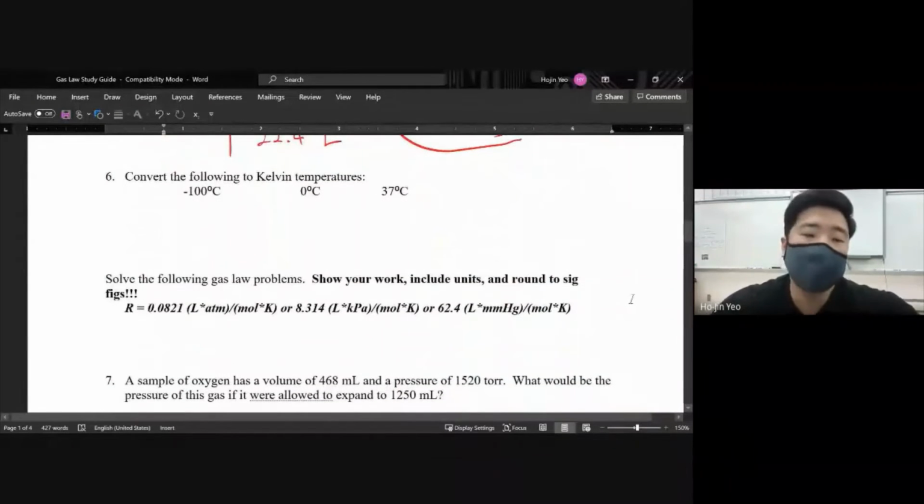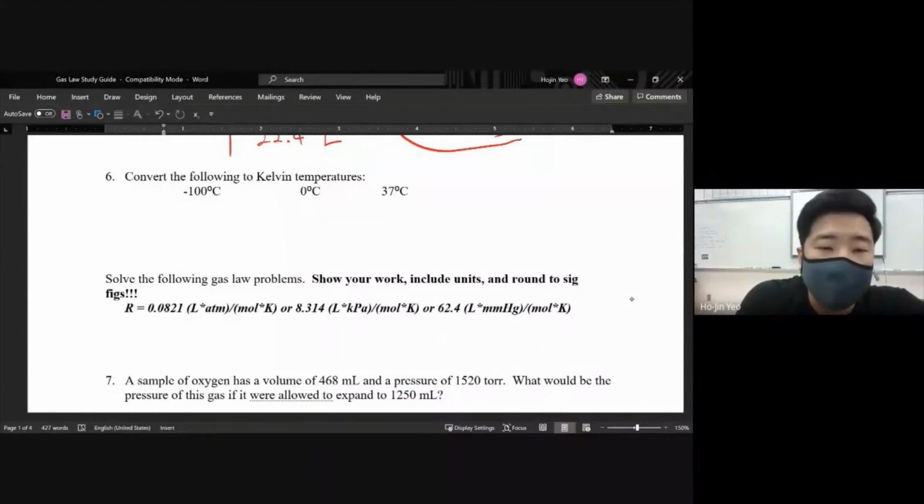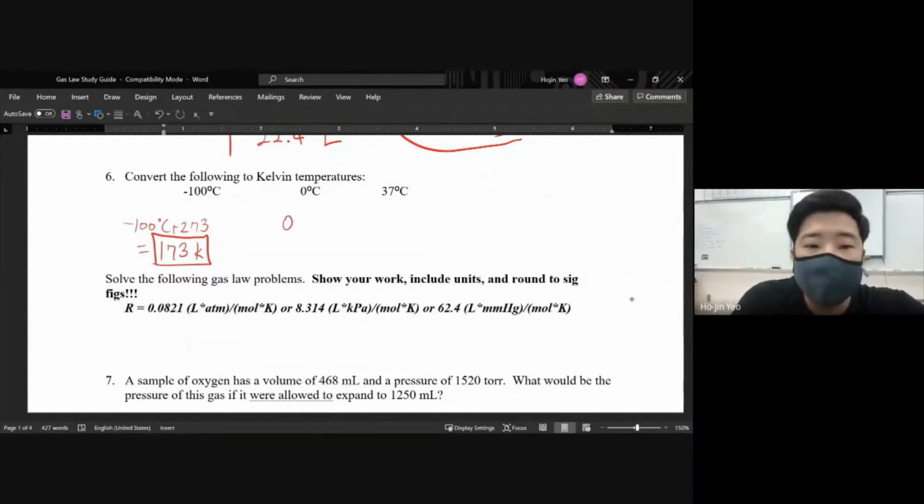Next is number 6, which should be pretty simple for you all, which is converting Celsius to Kelvin. So remember, negative 100 Celsius plus 273 will give you 173 Kelvin. 0 Celsius plus 273 will give you 273 Kelvin.